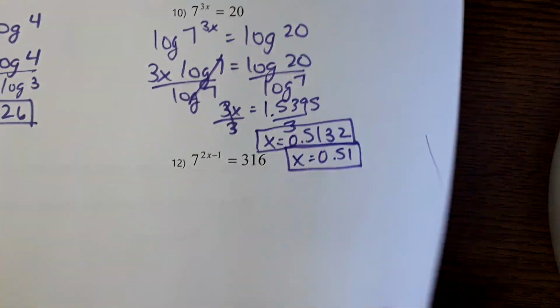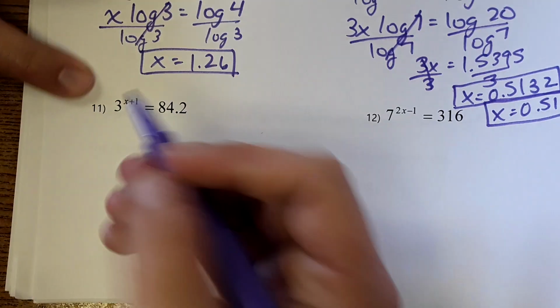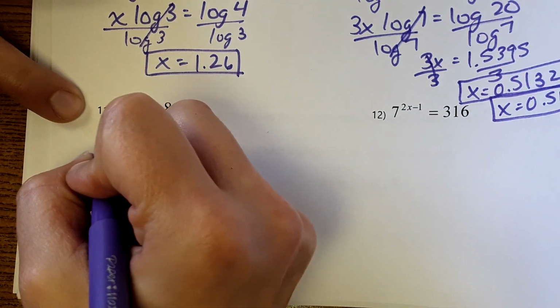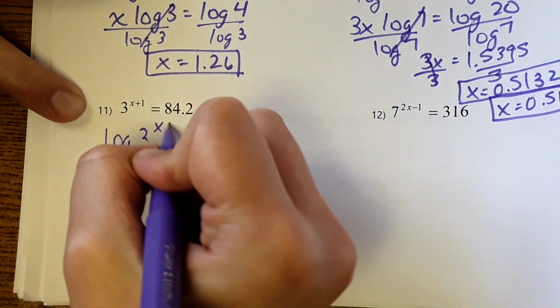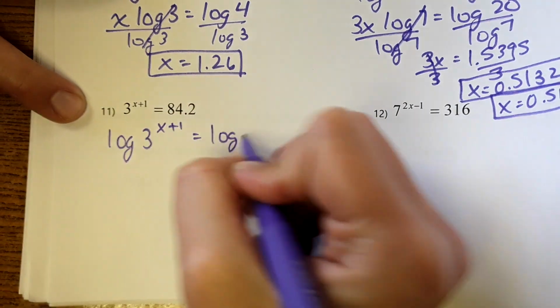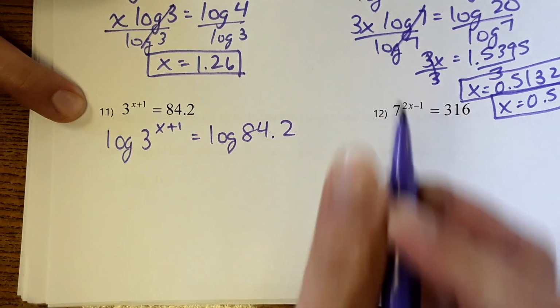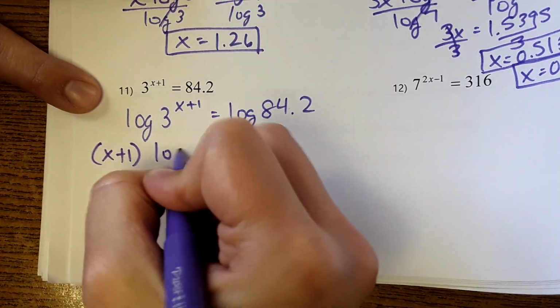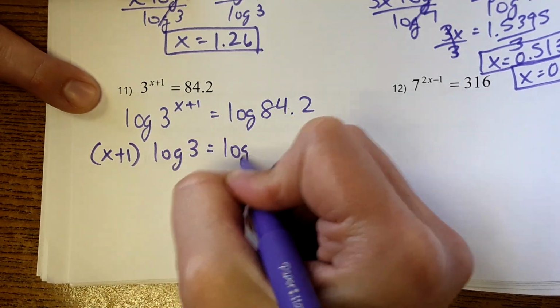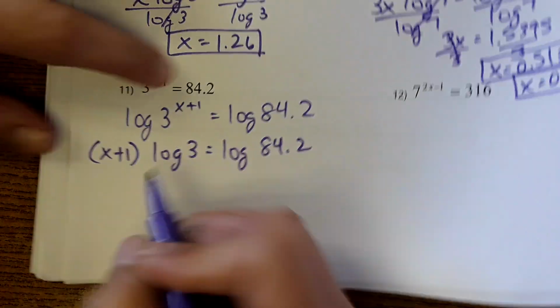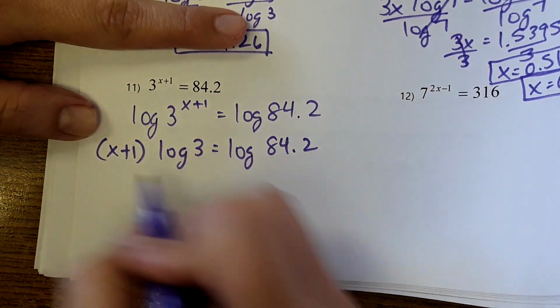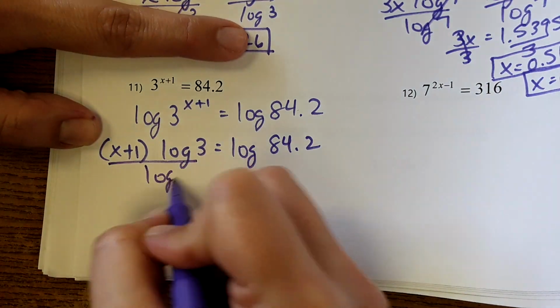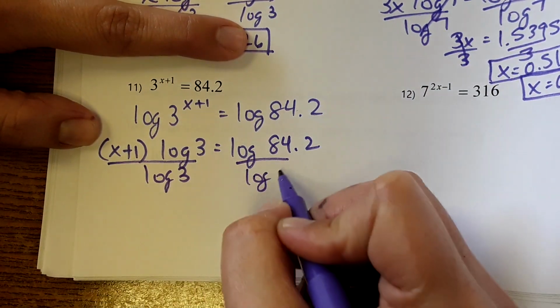Okay. Next problem. And we're just going to continue doing this. We have log of 3 raised to x plus 1 equals log of 84.2. I need to get this exponent out front. Okay, and now I'm going to solve for x. So I'm going to divide both sides by log of 3.